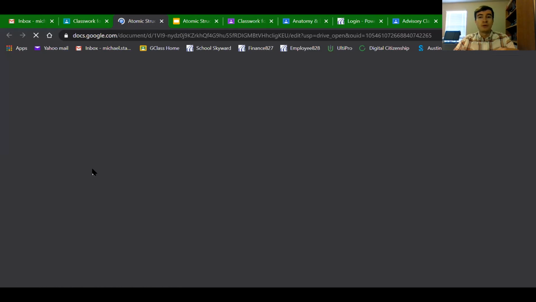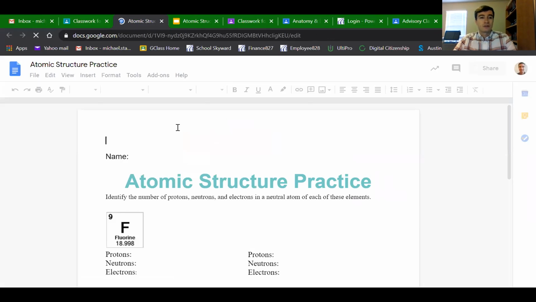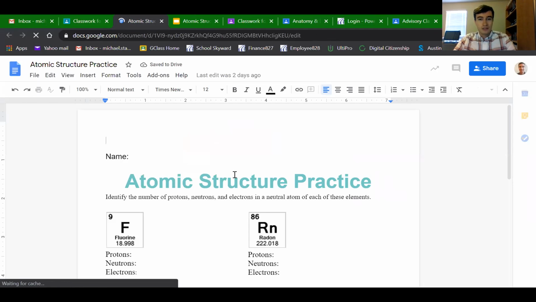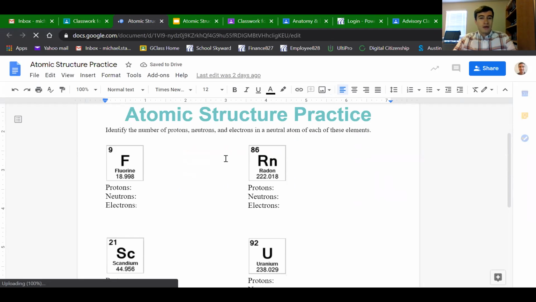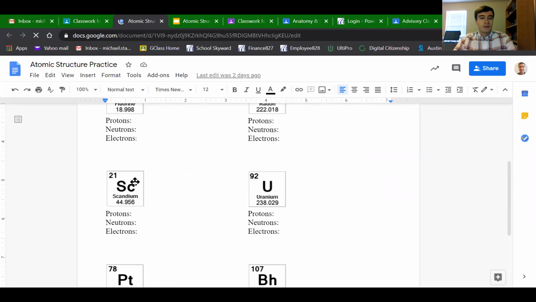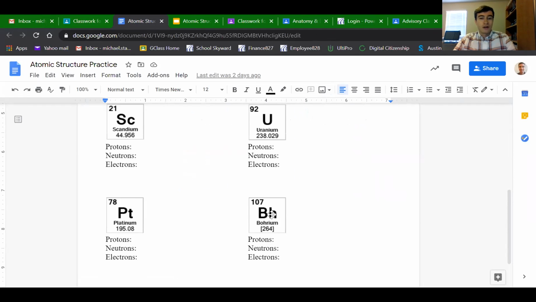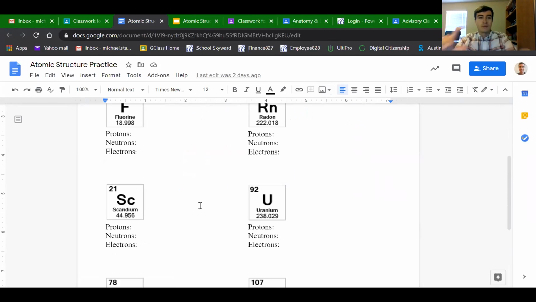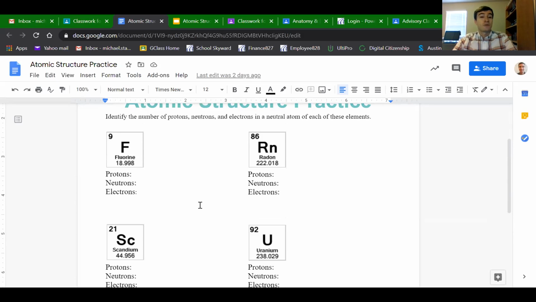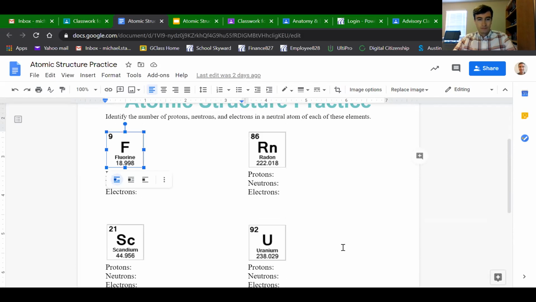If you fill out the Google Doc, it'll look something like this, where we have 6 different elements and their information from their little periodic table box. For each one of these elements, you would have to calculate the number of protons, neutrons, and electrons that are in one atom of fluorine, for example, or one atom of uranium.